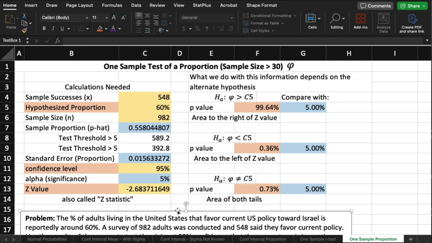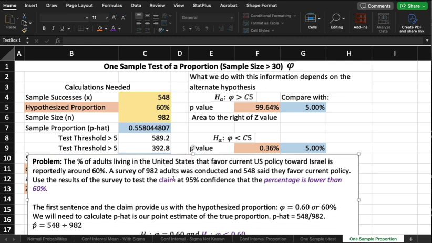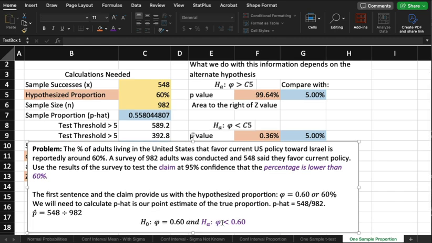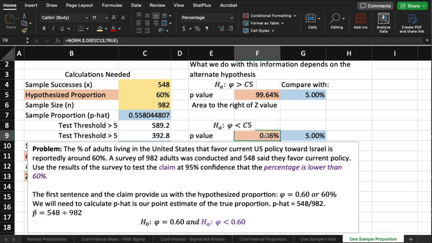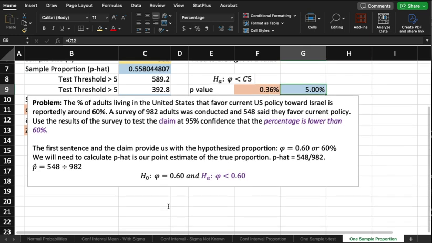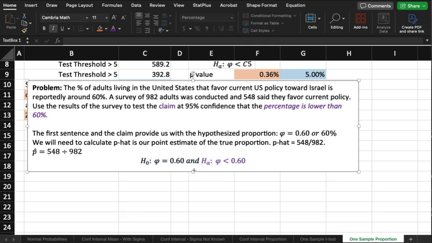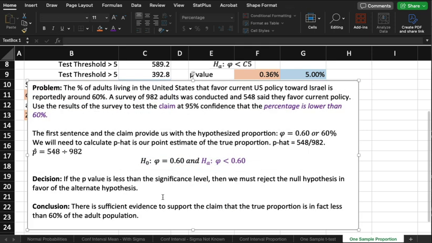So if we look at our problem that we're solving, it involves an alternate hypothesis that says phi is less than 0.60. So take a look at our p-value. Our p-value is 0.36%, and we are comparing that with our alpha, which is 5%. When we look at our decision, it is one of two things: we either reject the null hypothesis or we fail to reject the null hypothesis.